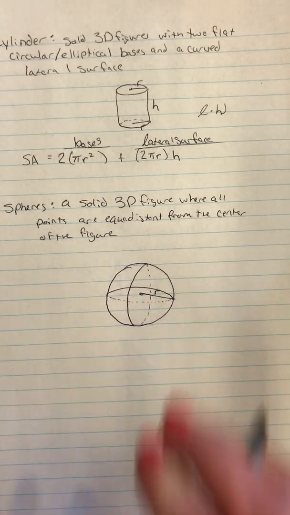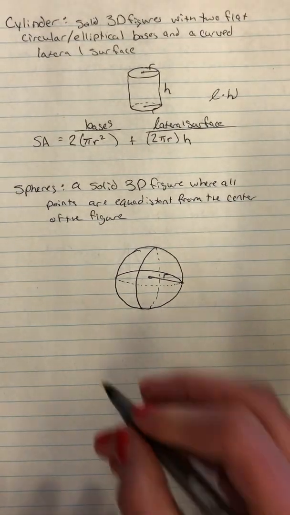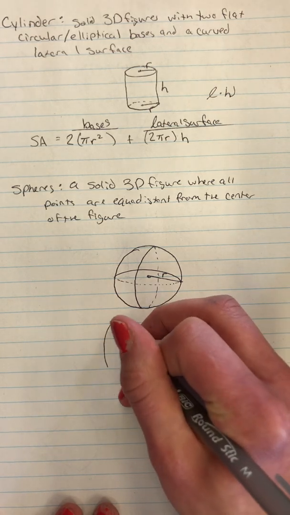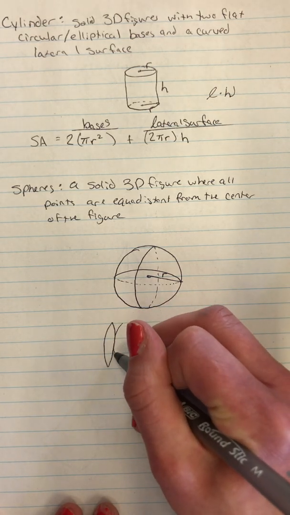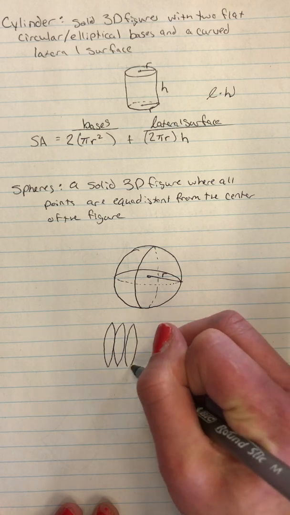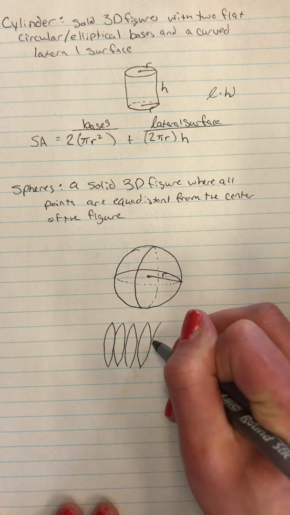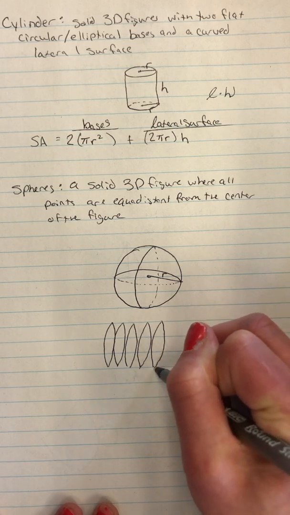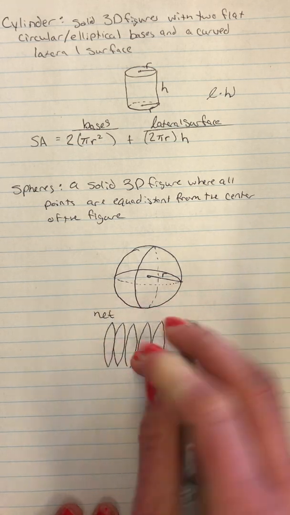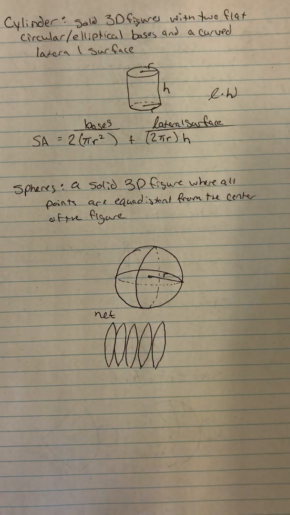That is our radius. To find the surface area, this is kind of what the net would look like, but you guys don't necessarily need to know what the net would look like. It looks like all the portions of a beach ball cut apart and laid flat. And they're all touching. It would keep going. I'm going to stop here.